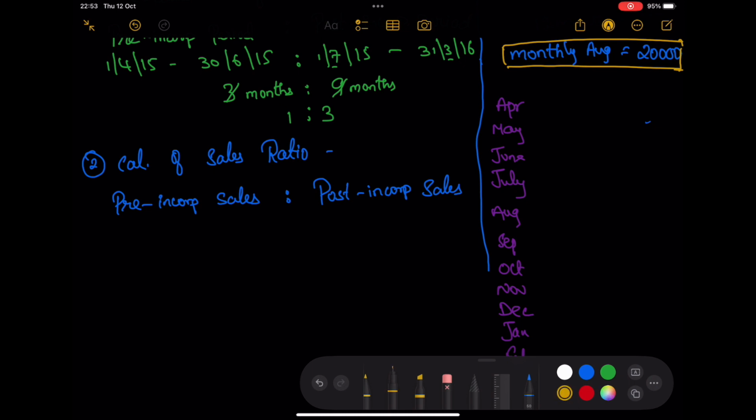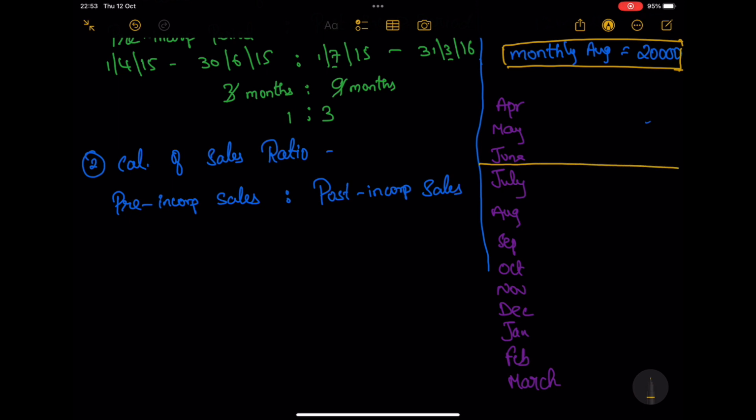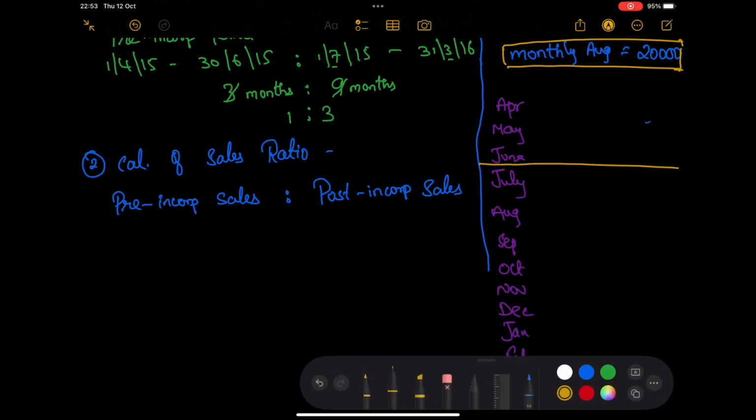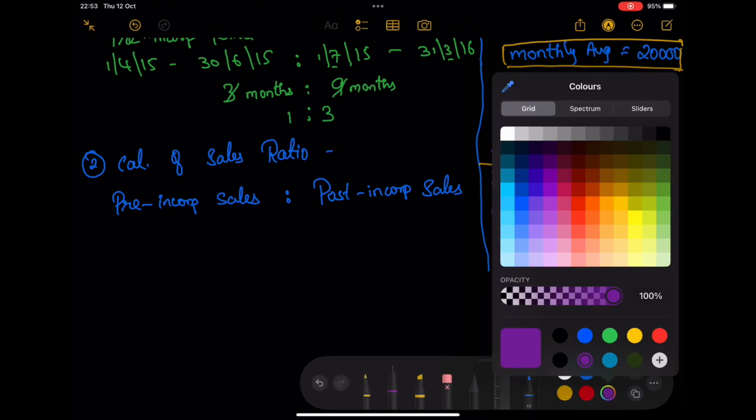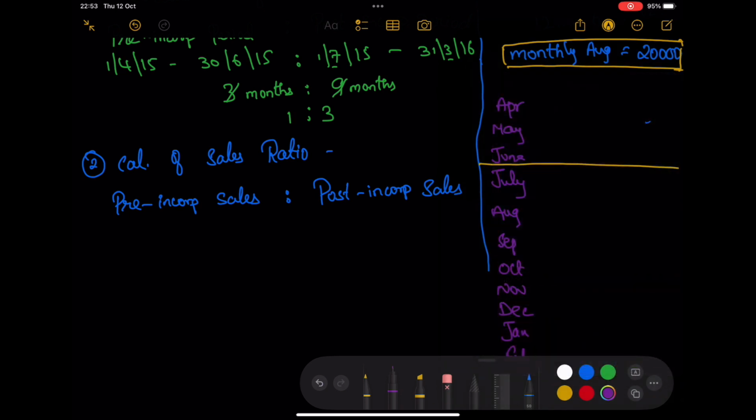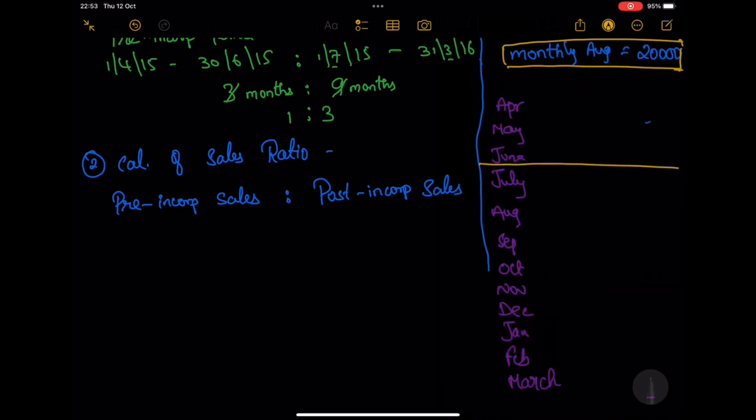So we will be dividing it into the pre-incorporation period from April to June, isn't it? So till here is the pre-incorporation sales value. After that, July to March is the post-incorporation period. So this is how, but we don't know the values. We will calculate the values now, but this is the exact information of what we are supposed to do.